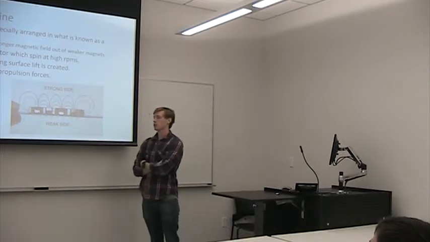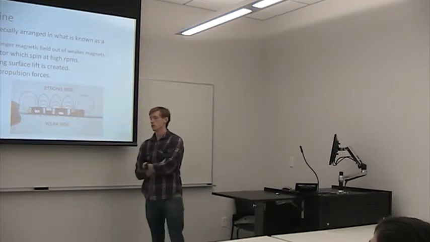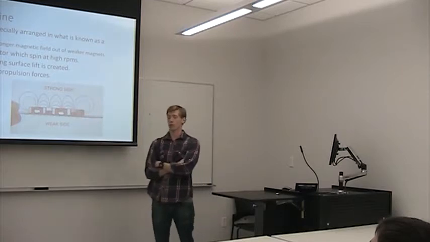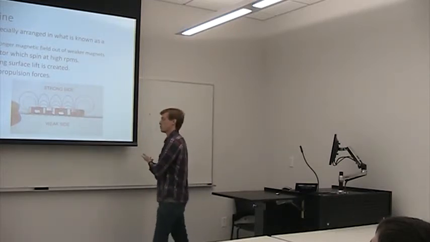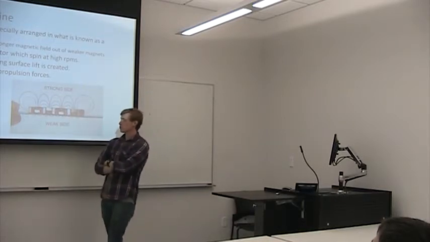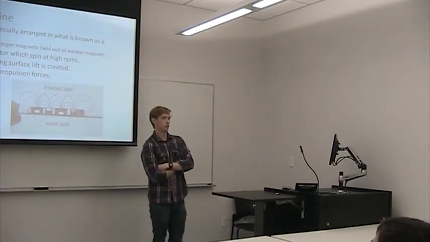So not only are you able to be more directional with how you use the engine, but you're also able to get a lot more force with a lot less.